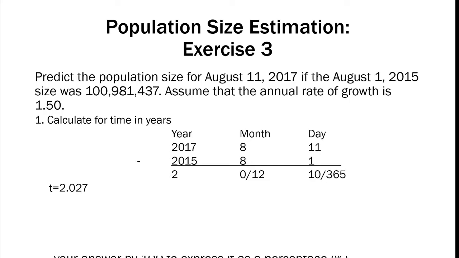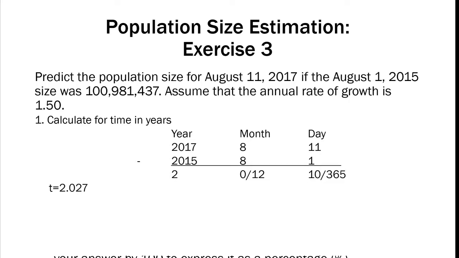Now, of course, this wouldn't be our final answer. We want to express our elapsed time in years. This is what usually happens in population size estimation. But you could actually express your time in other units, for example months, or even minutes if we're talking about microorganisms. Anyway, we need to express this in years. So the way to do that is to add up the results for each of the columns.